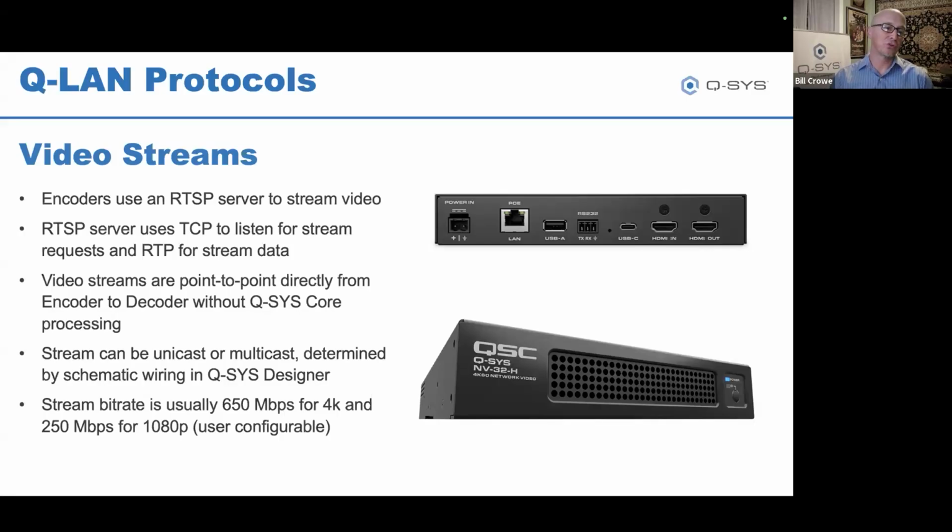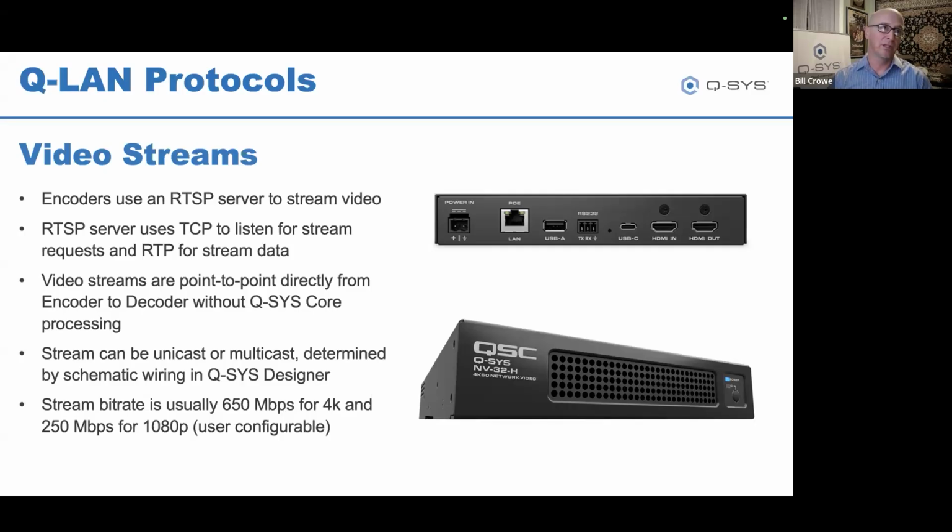Those video streams are unicast or multicast, and that is determined by the schematic in your Q-SYS Designer software. If you have enough destinations to require a video encoder to be in multicast mode to be able to hit all of the various decoders, when you compile your Q-SYS Designer file, it will go ahead and set those encoders to output multicast.